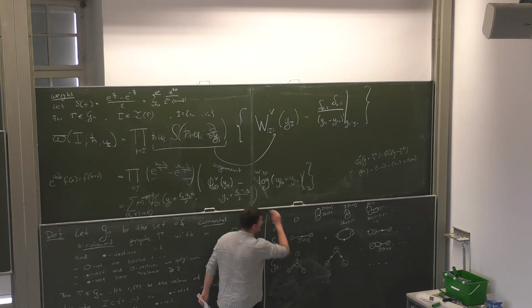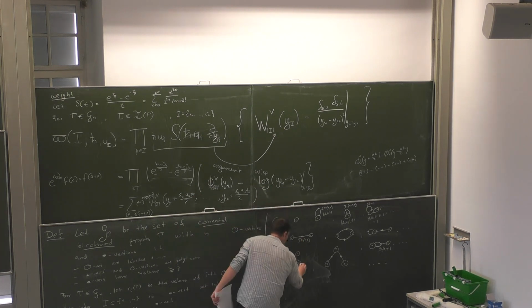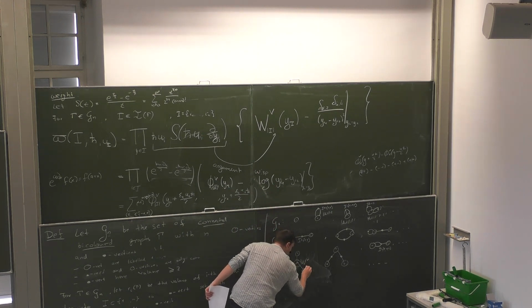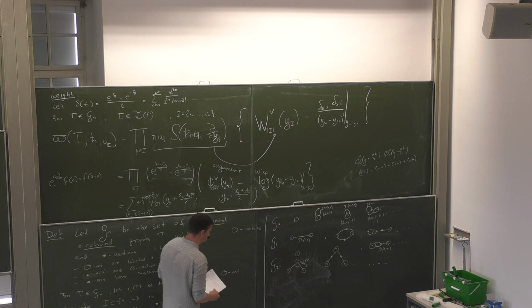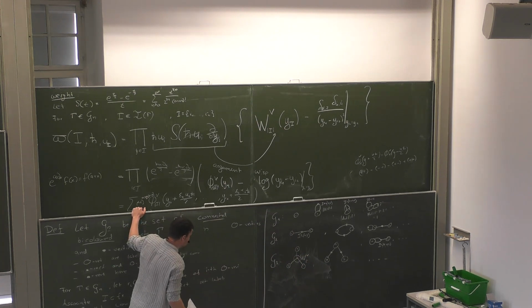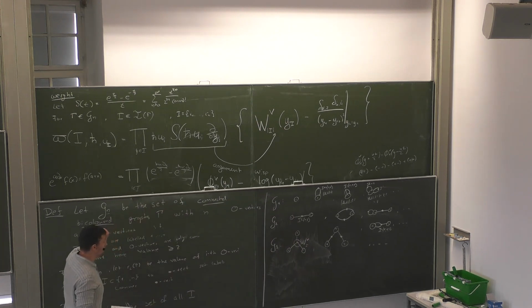So we associate essentially this complicated weight here, check, to any of these bullet vertices, not black, white. And then the functional relation needs this weight. And let's write it down maybe on the other board.